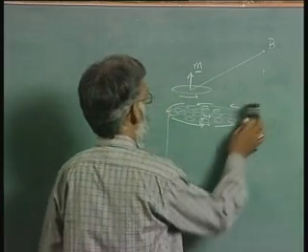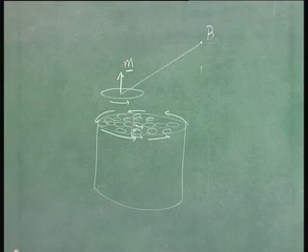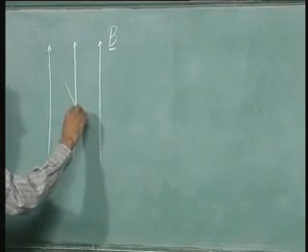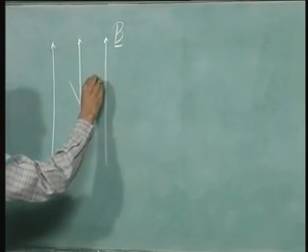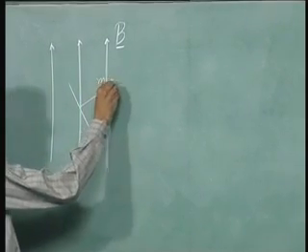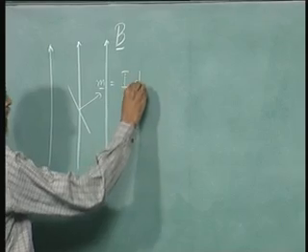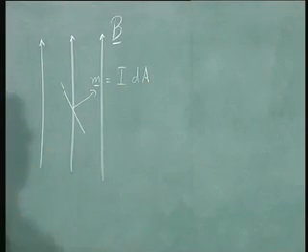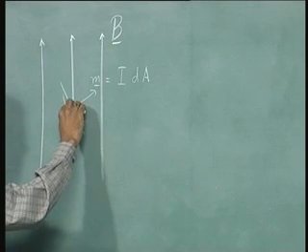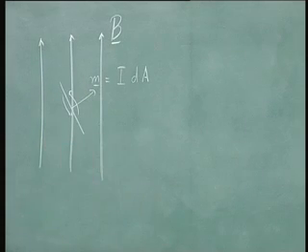For that, we have to look at how a loop of current responds to a magnetic field. So, we have a loop, it has a magnetic moment m, which is equal to the current times the area of the loop. The loop itself has current flowing this way, going round.